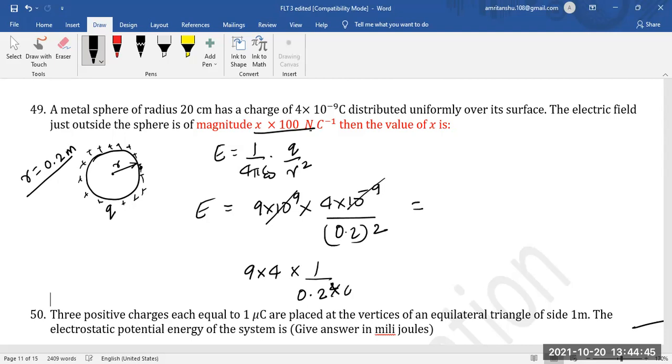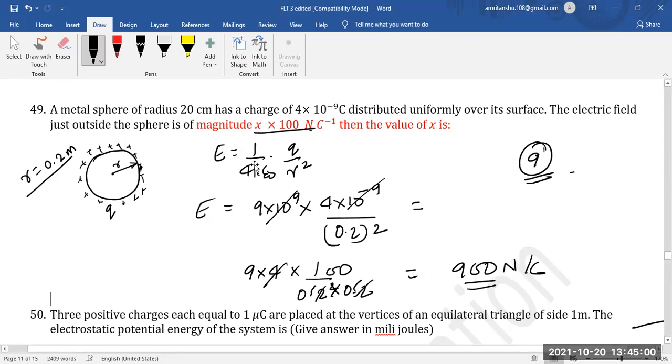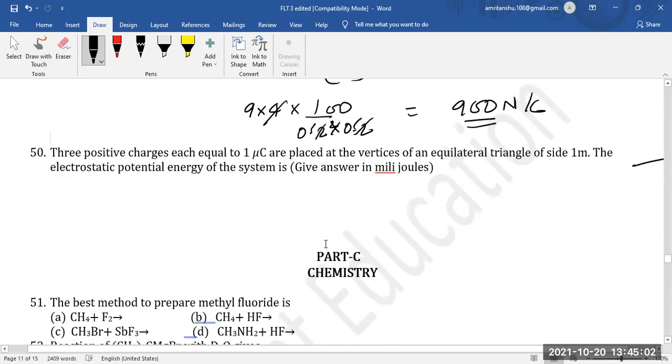So 0.2 into 0.2 will make it 100. This is 4. That is 900 newtons per coulomb. Because we have to write it in x into 100 format, 9 will be the answer over here. Last question.